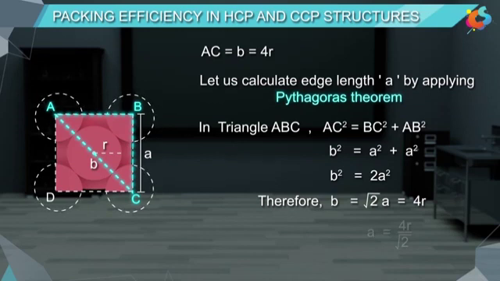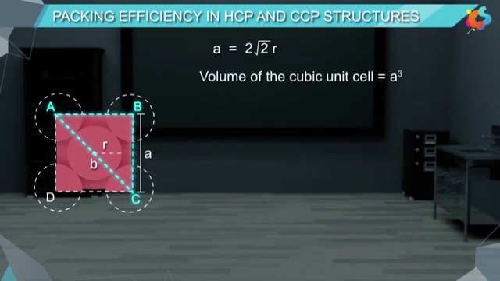Therefore, a is equal to 4r by square root 2, which is equal to 2 square root 2 r. Volume of the cubic unit cell is equal to a cube, which is equal to 2 square root 2 r whole cube.